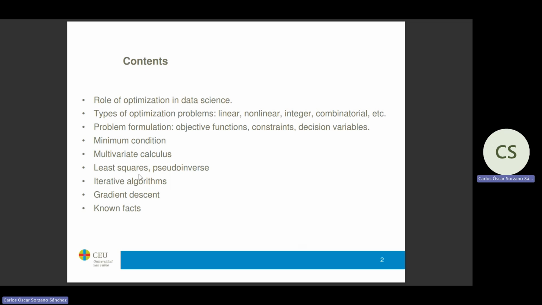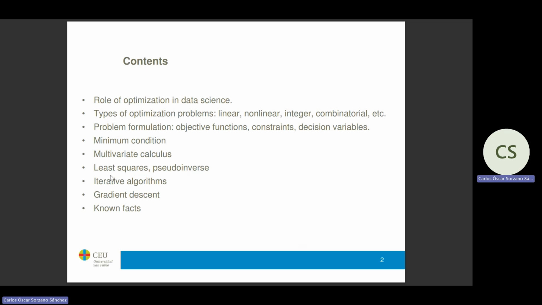Sometimes you can give the solution of an optimization problem in only one step. That is, for instance, the case of least squares. But very often you prefer approaching the solution in an iterative way, because you don't know how to go directly to the global minimum.